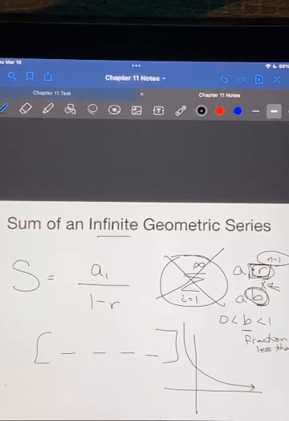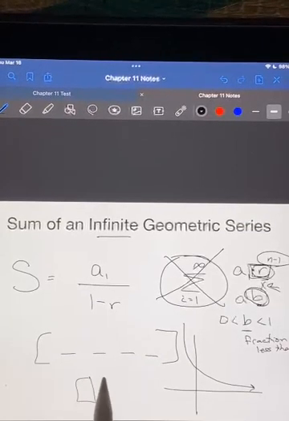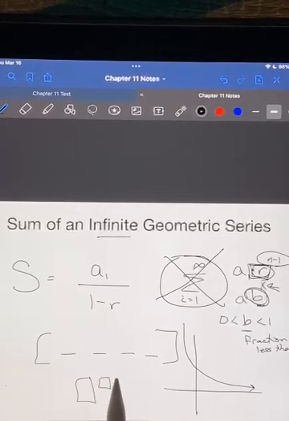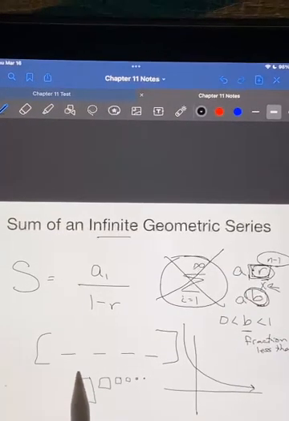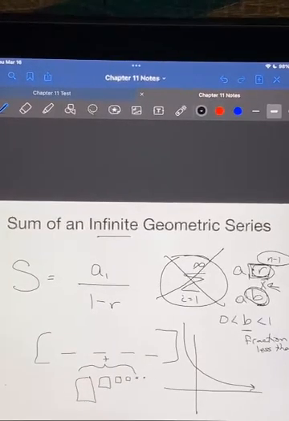Okay, and so what we did in class is we tore up a piece of paper into smaller and smaller pieces. And I said, if we kept adding those pieces, if we gathered half a piece, and then we gathered a quarter of a piece, and then we gathered an eighth of a piece, and a 16th, and a 32nd, and a 64th, that these pieces here actually added up to something.